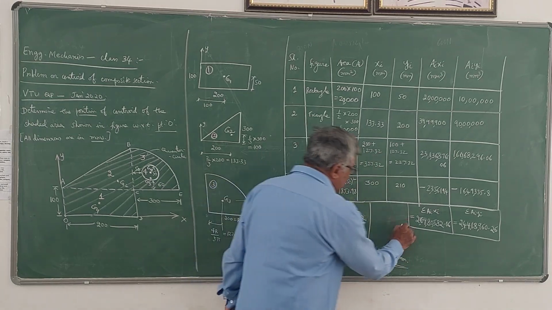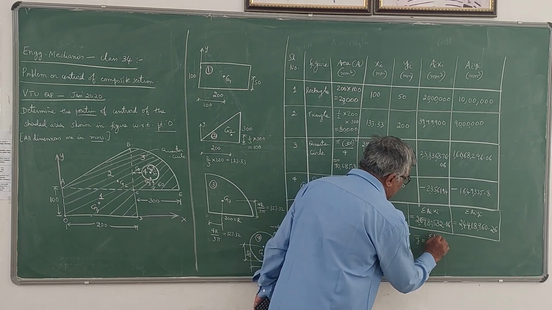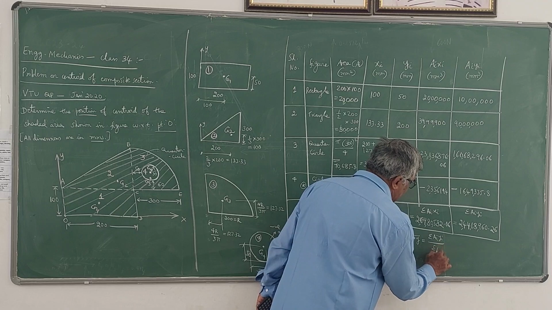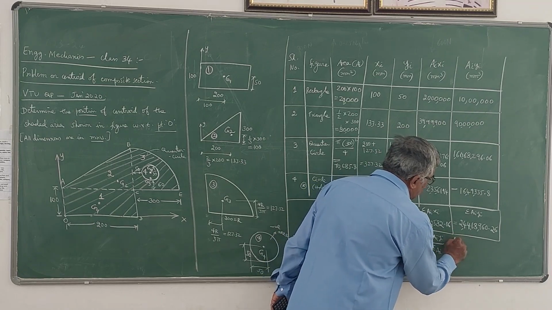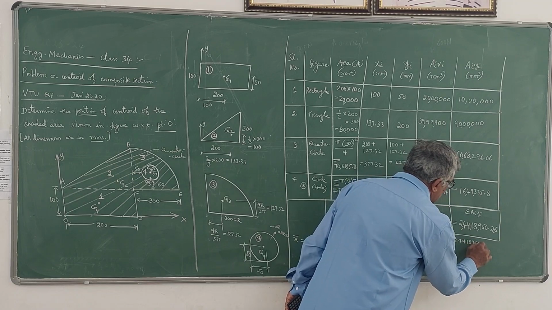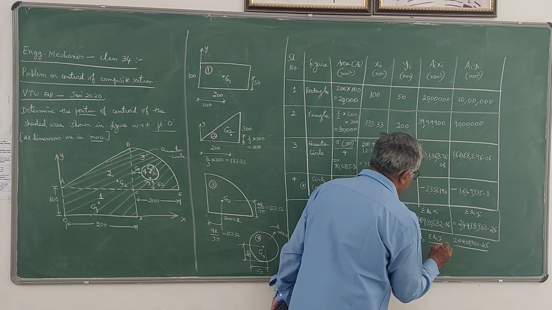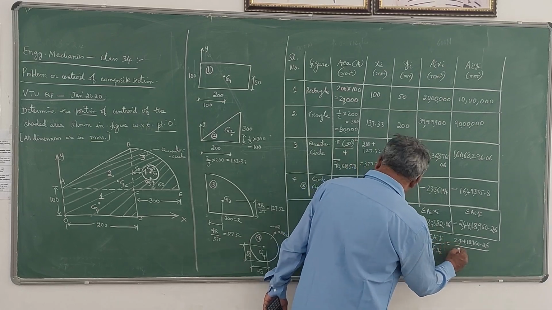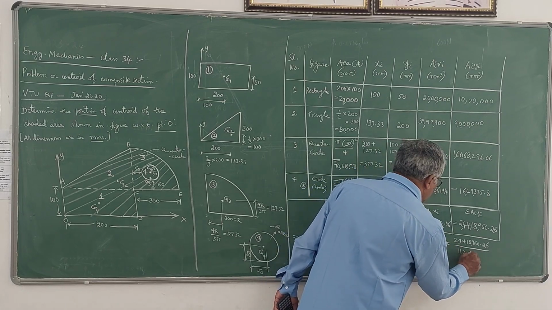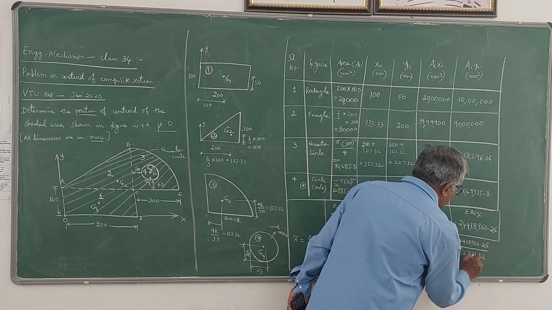Similarly, y bar is given by the formula sigma ai yi divided by sigma ai, which is nothing but 24,418,960.26 divided by sigma ai, which is 112,831.82.